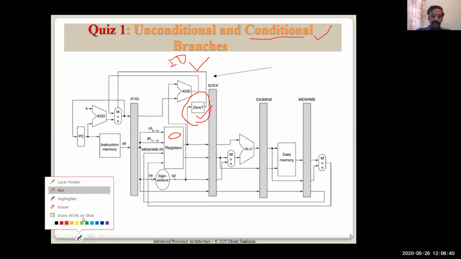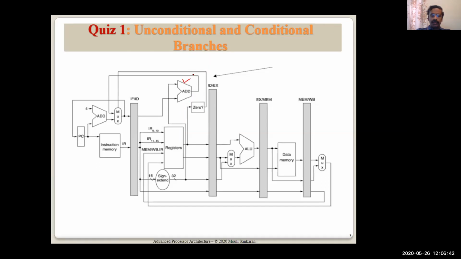If you can see, both adding the offset with the PC plus 4 value, which is available here, and checking the flag are done here. Based on this, I don't want to explain anything more. I want you to answer my question.